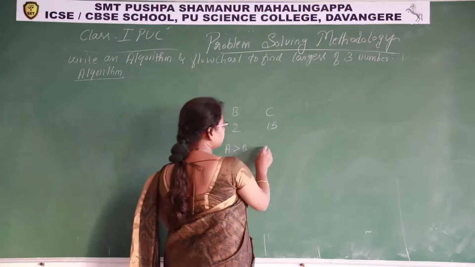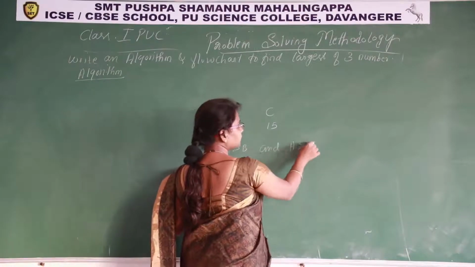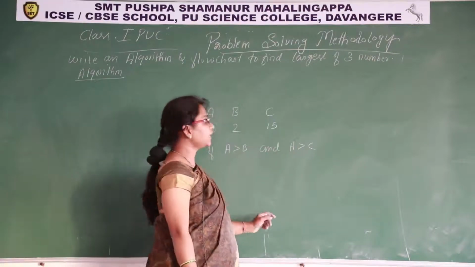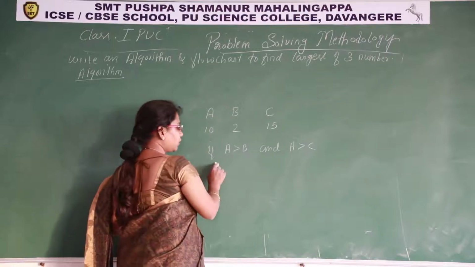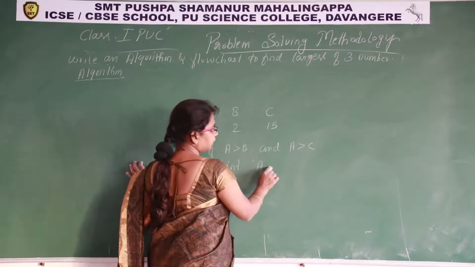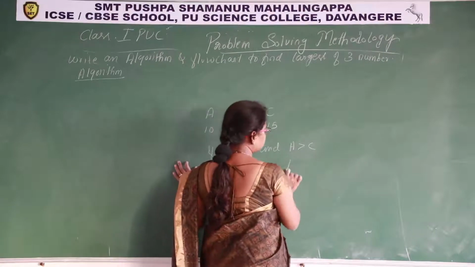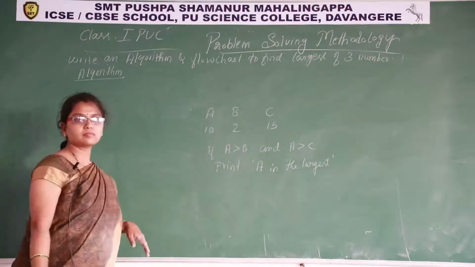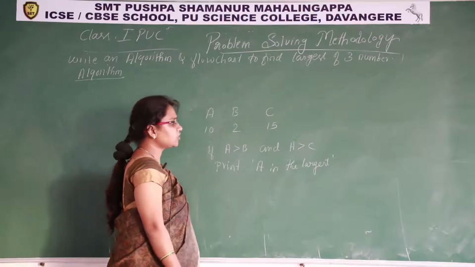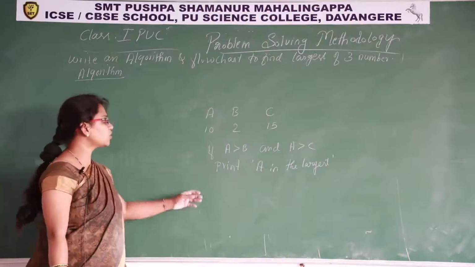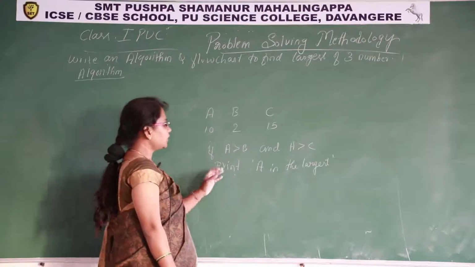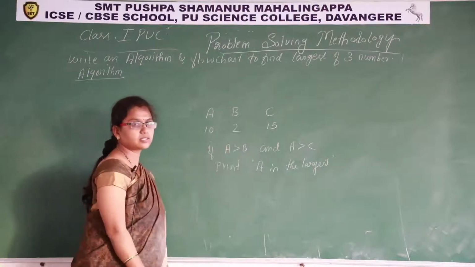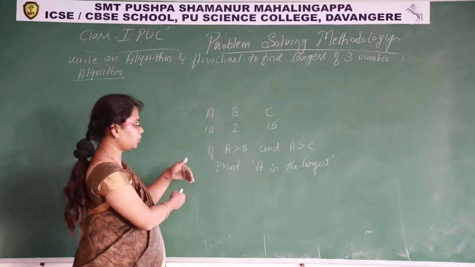If A is greater than B and A is greater than C, then I can say A is the largest. Then what should I print? Print 'A is the largest'. If this condition is not satisfied, what does it mean? A is not the largest. I already checked A with B and also C. Now if this condition fails, A is out of this computation, isn't it?